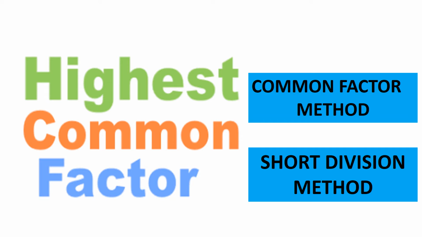In today's video, we'll discuss highest common factor or HCF. Now we will see two methods of doing HCF. The first method is by finding the common factors and the second method is the short division method.